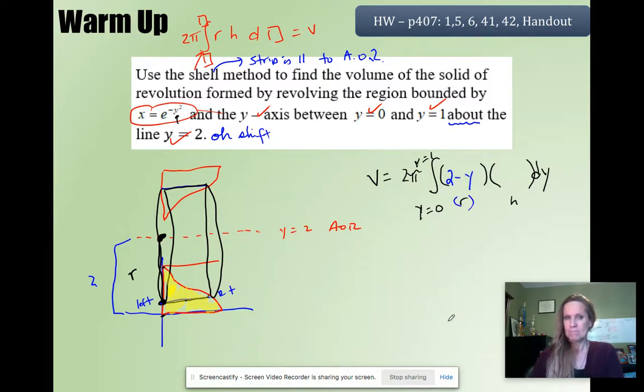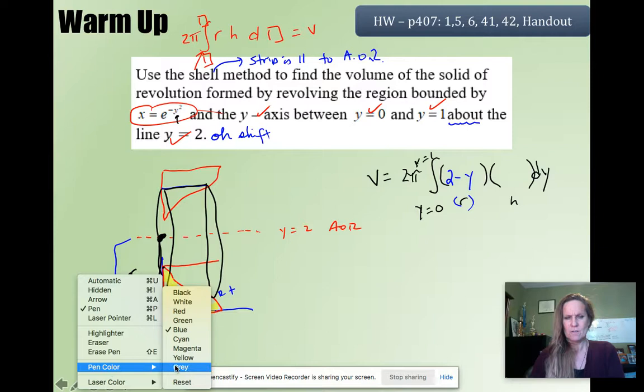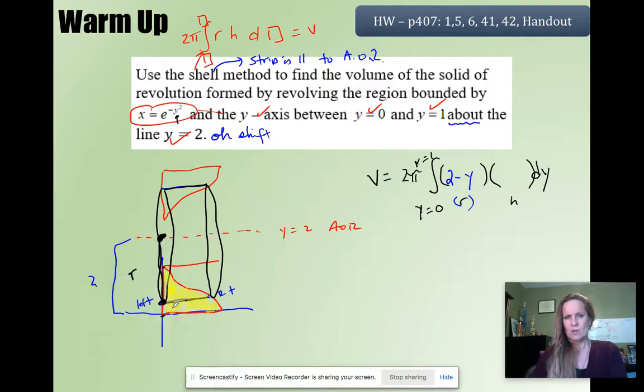Okay? Now, what is the height? The height of my cylinder goes from the y-axis out to this curve. What distance is that? It's an x distance, but that x distance changes as you go up and down through the, how do you describe that?